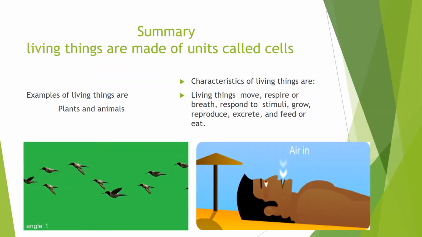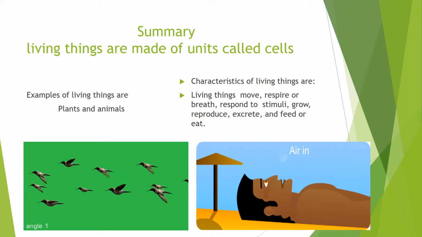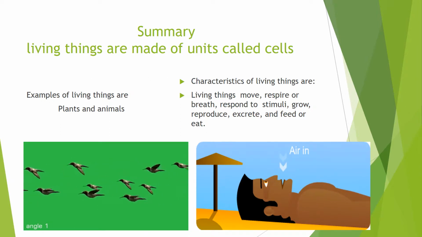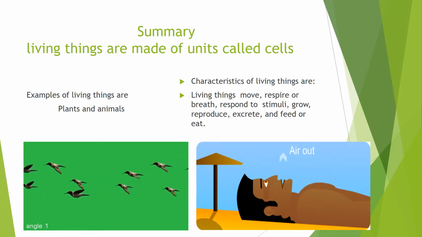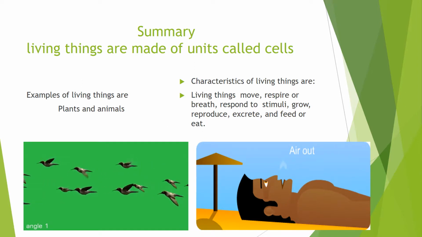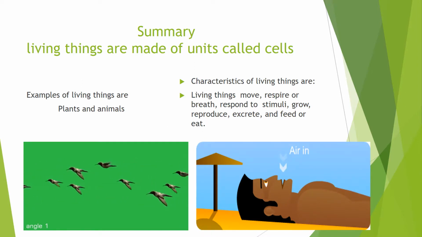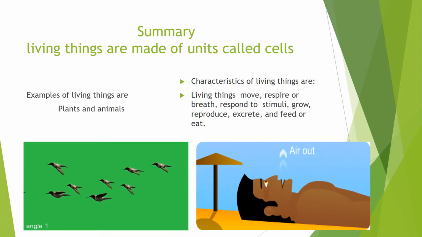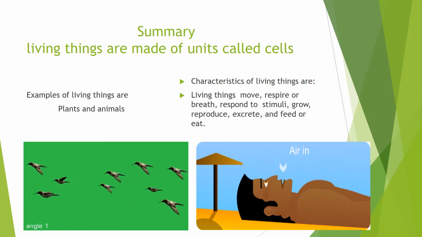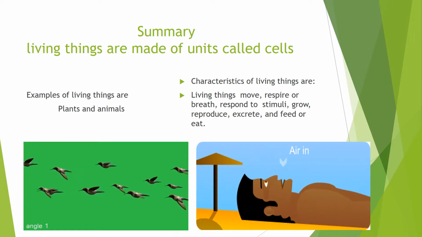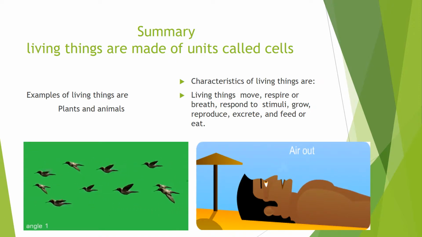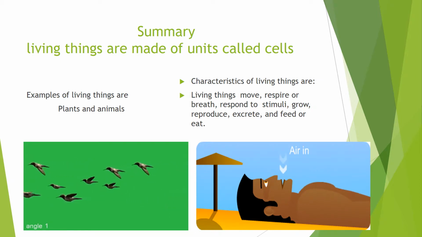Right. Finally, what have we learned today? We have learned today that living things are made of units called cells. And therefore, examples of living things are plants and animals. And then the characteristics of these living things are: living things move, they respire or breathe, they respond to stimuli, they grow, they reproduce, they excrete, and they feed or eat.